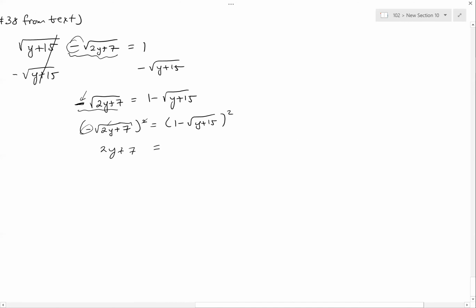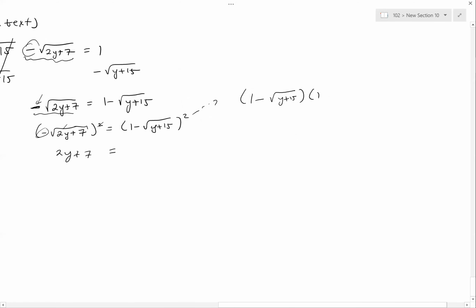On the right-hand side, we have to do what we did before. Very carefully multiply this out.